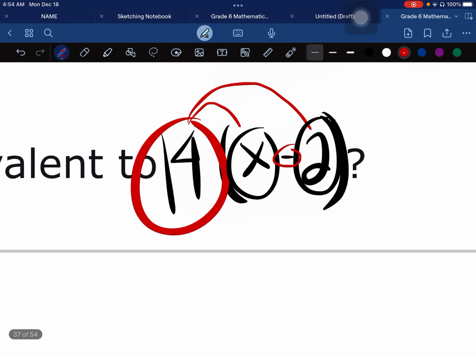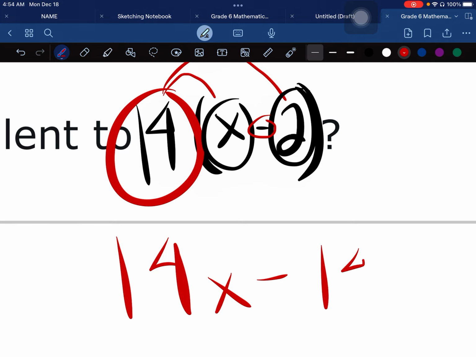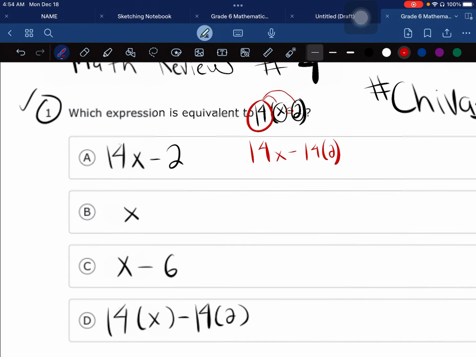And we're going to use this little symbol. Now, if we consider that, we're going to have 14 times x minus 14 times 2. And the only one that it can be is D. I hope we're good there, chicos.